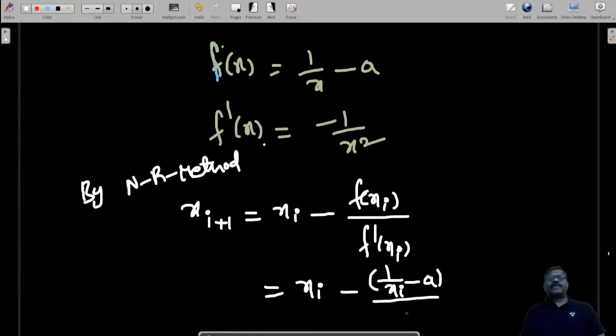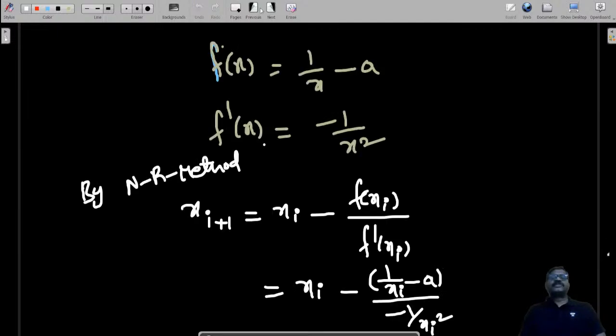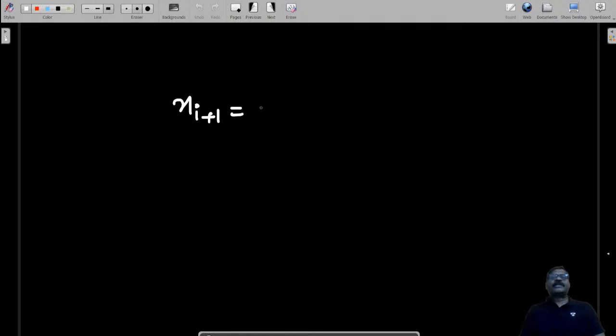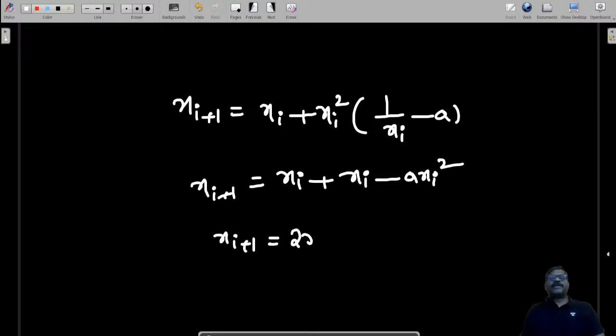1 by xi minus a by minus 1 by xi square. xi plus 1 is xi plus xi square of 1 by xi minus a, that is xi plus xi square by xi is xi minus a xi square. xi plus 1 is 2xi minus a xi square.